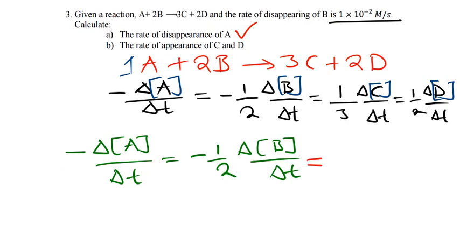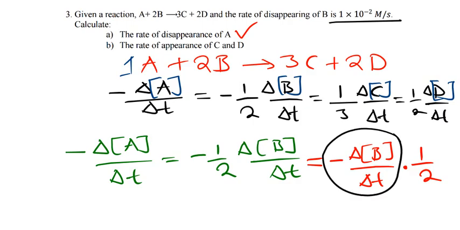I'll pull out the negative, and then I'll say negative change in concentration of B over change in time, and then I'll pull out the 1 over 2 there. So this part which is having the negative represents the rate of disappearance of B. Whenever you see the rate of disappearance of B, just put the change in concentration over the change in time and add the negative there. So therefore the rate of disappearance of A is going to be equal to this part.